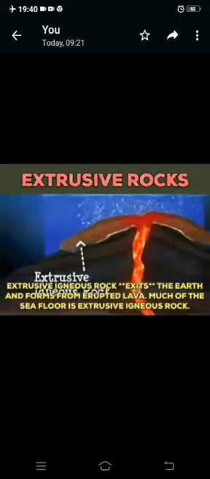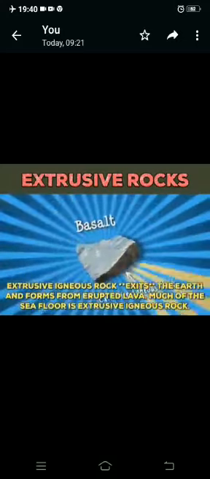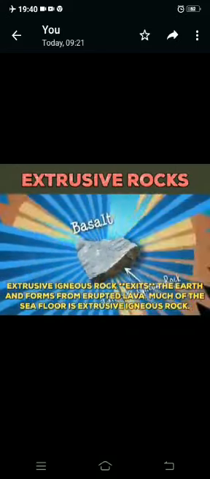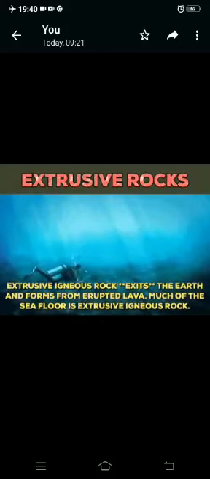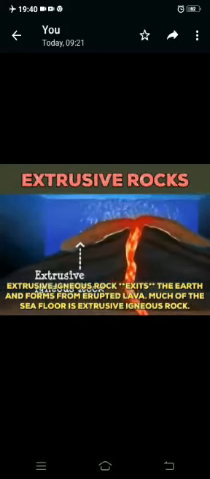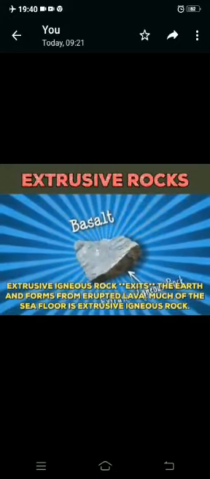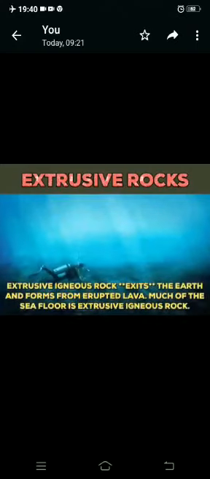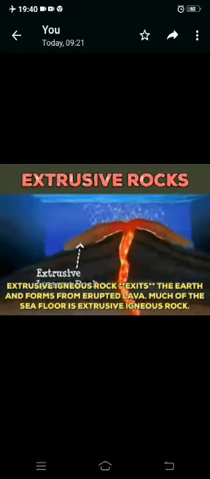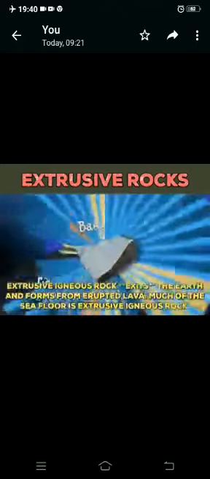When this molten lava comes on the earth's surface, it rapidly cools down and becomes solid. Rocks formed in such a way on the crust are called extrusive igneous rocks. For example, basalt.